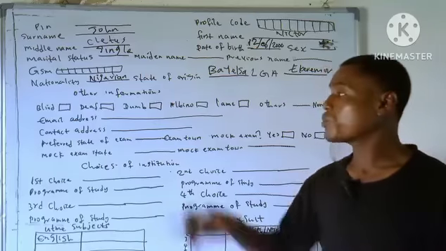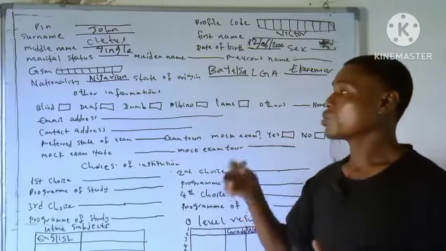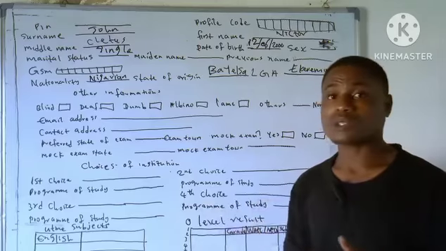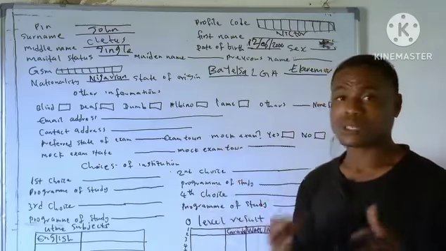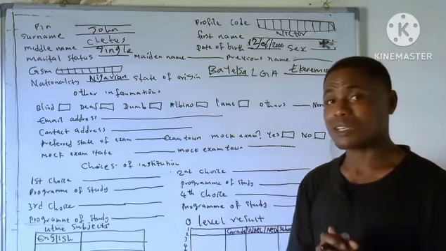So when they want to send you admission, they will send it, but you can't log in because of the wrong email address. So when you are filling your JAMB form, make sure you take time.